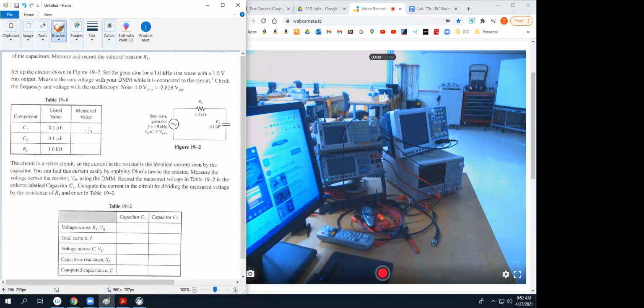In table 19-1, remember, we're just going to use the listed values. And then we've got to set up our circuit.